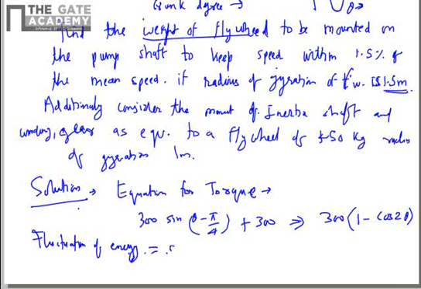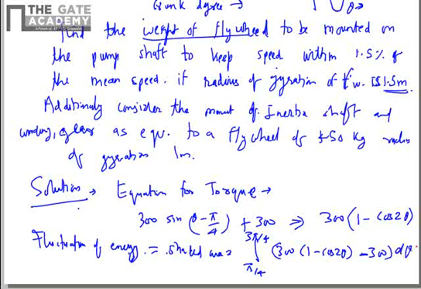So the fluctuation of energy, the shaded area, will be equal to the integration from pi by 4 to 3 pi by 4 of 300 times (1 minus cos 2 theta), that is the actual equation for torque, minus 300, that is the mean value, d theta.